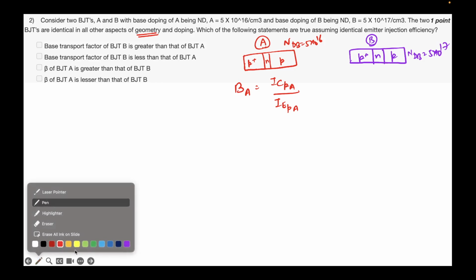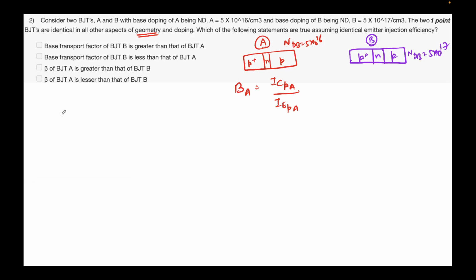So let me try to figure this out over here. Gamma E is the same for both of them, and gamma E is IEP, remember this is a PNP, over IEP plus IEN. So this is the same for both of them. Now IEP, if you recall, is inversely proportional to the doping of the base.